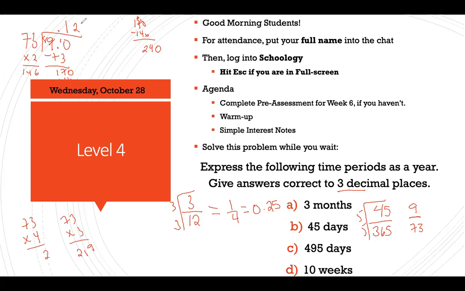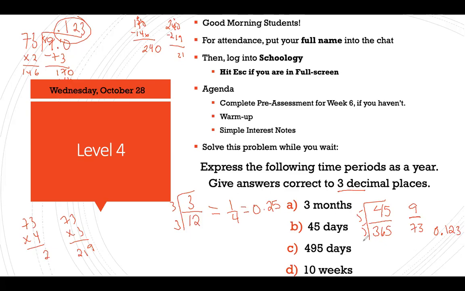Okay. So it's 3. So 240 minus 219, I'm going to have left over 21, which would be 210. So again, I can round it to just 0.123. So letter B is 0.123.